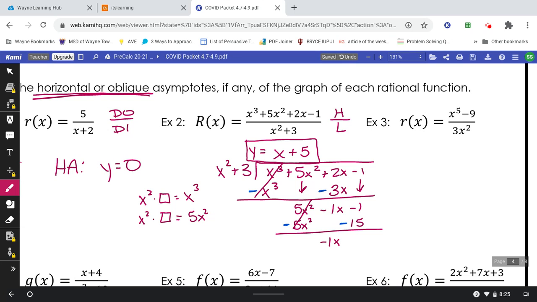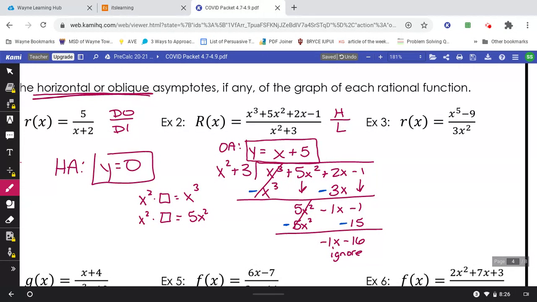Negative 1x minus 16 is my remainder. But again, I ignore it. So as soon as you get this second number up there, that 5, you can actually stop. It'll help shorten the problems a little bit for you. That's going to be an oblique asymptote, which means it's just going to be a diagonal line.